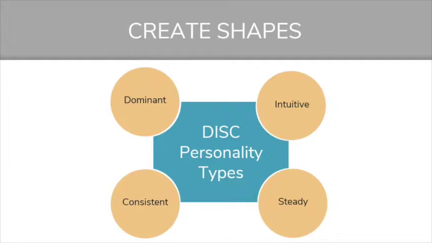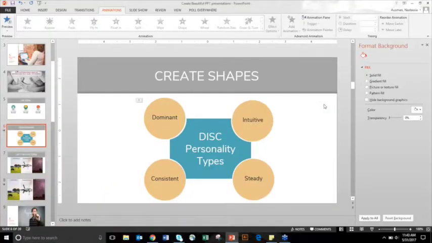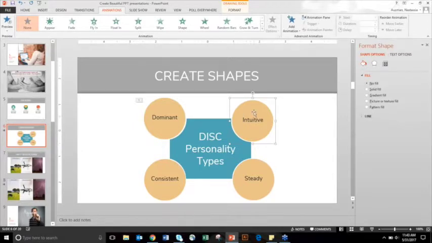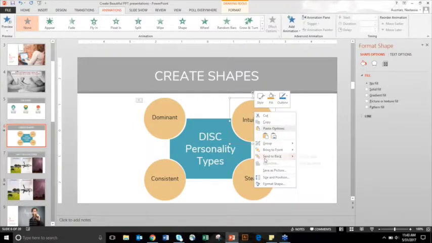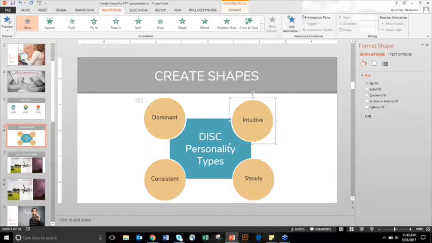Thank you. One of the things that I do want to show about typing in shapes is that when you create a shape, you can right-click in the shape and edit the text. But here's the thing about that. I actually feel like it looks more professional to create a text box and put it over top of the shape.